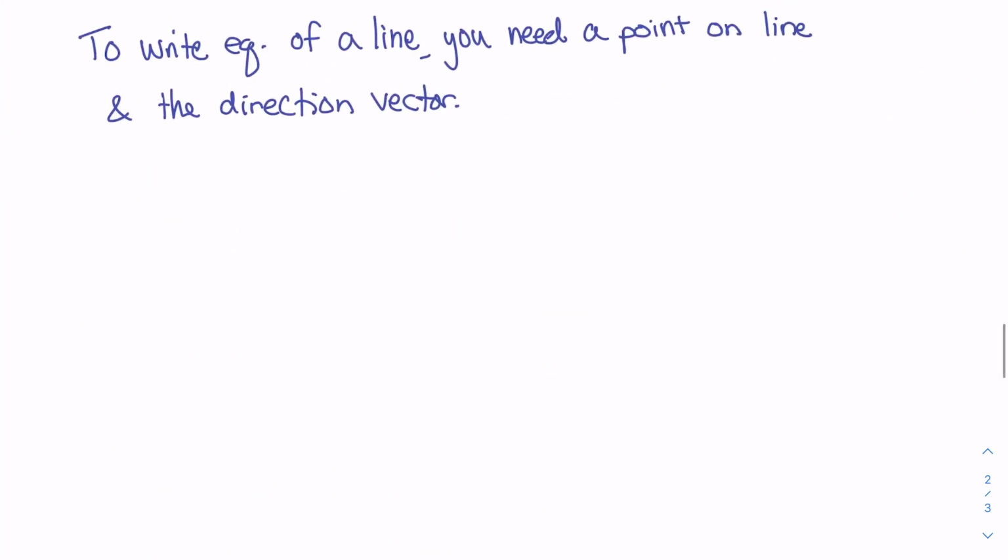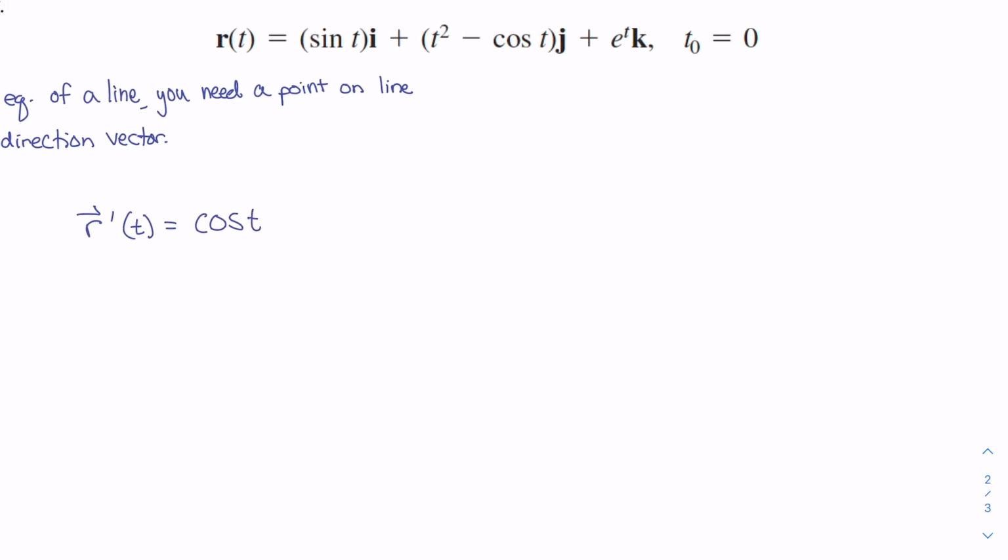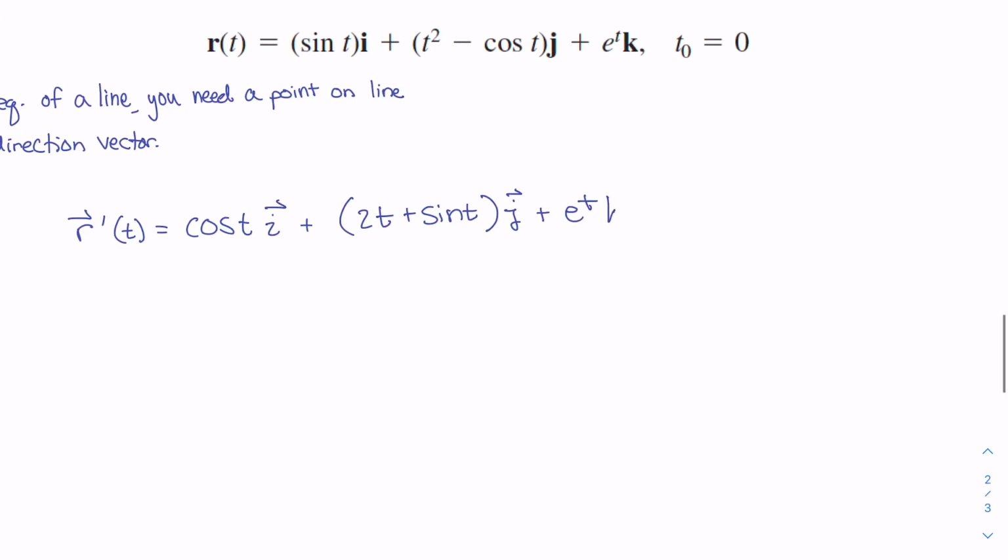So we'll find r prime of t. So what's that going to be? Cosine t i plus 2t plus sine t in the j plus e to the t k. Now let's evaluate that at 0. So this is the general velocity vector. You could plug in any value of t and get what the velocity vector is.